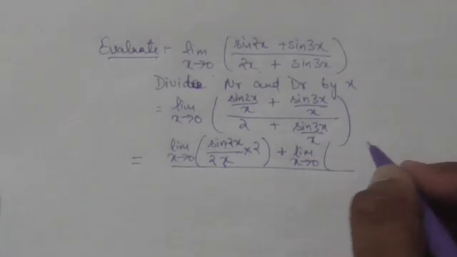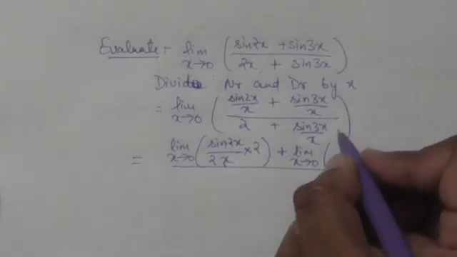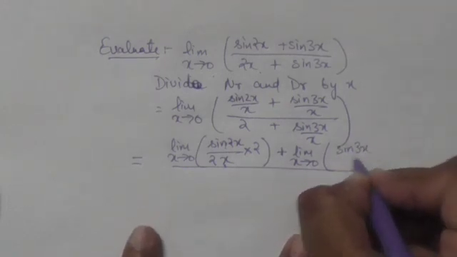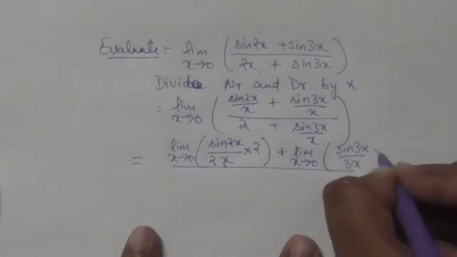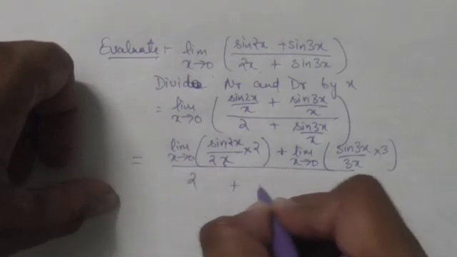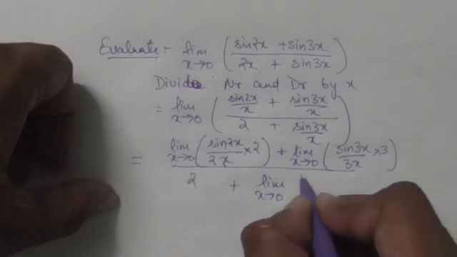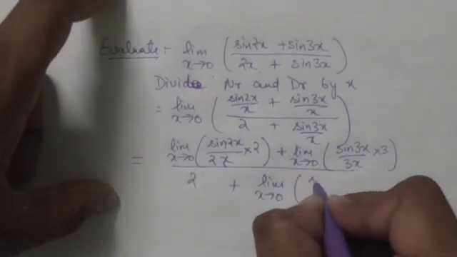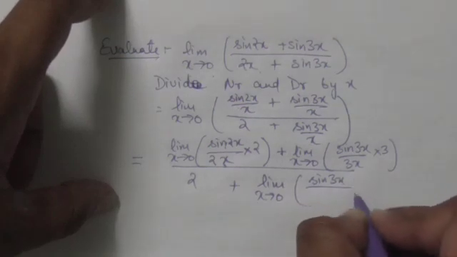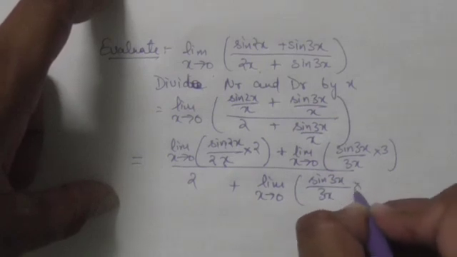So in this expression also we will multiply and divide by 3. So we will get sine 3x upon 3x into 3. In denominator we have 2 plus limit x tends to 0. So here we have sine 3x. So here also we will multiply both numerator and denominator by 3. So we will get 3x into 3.